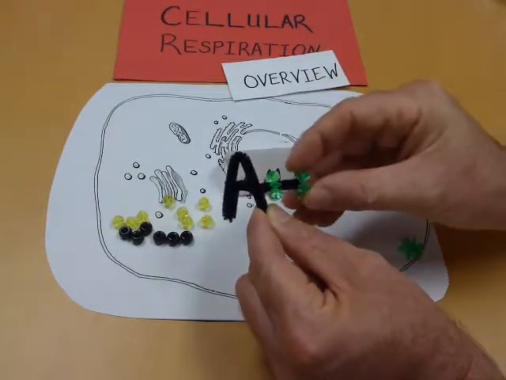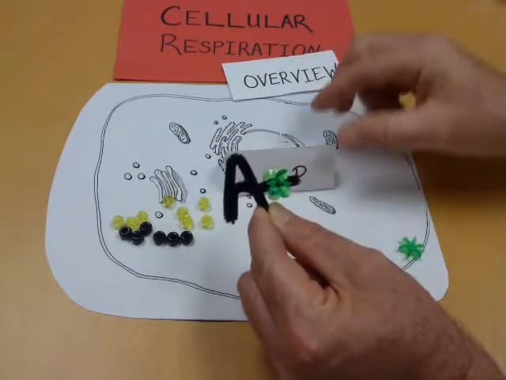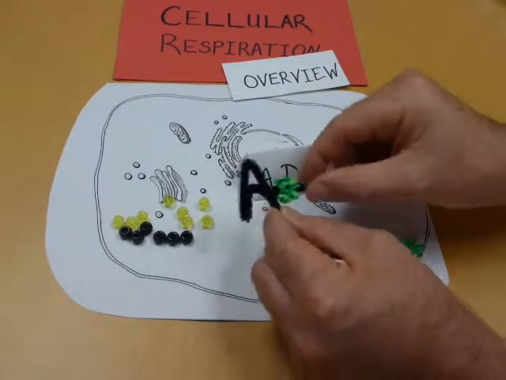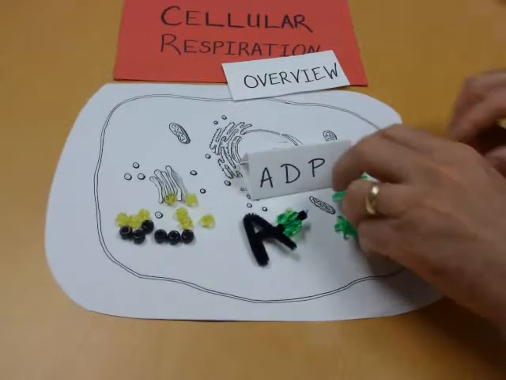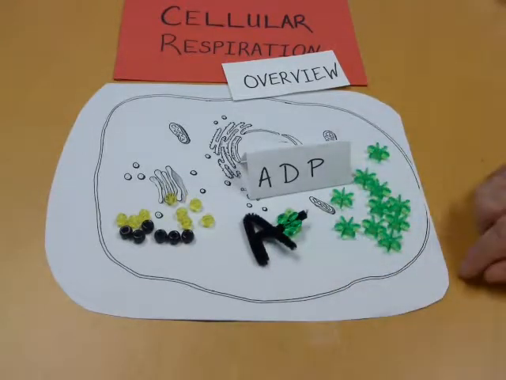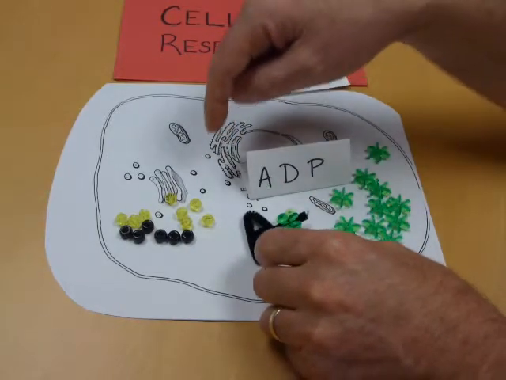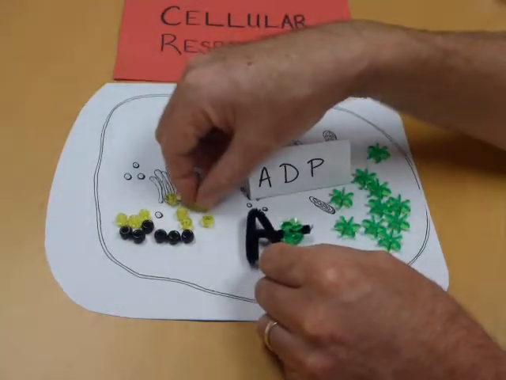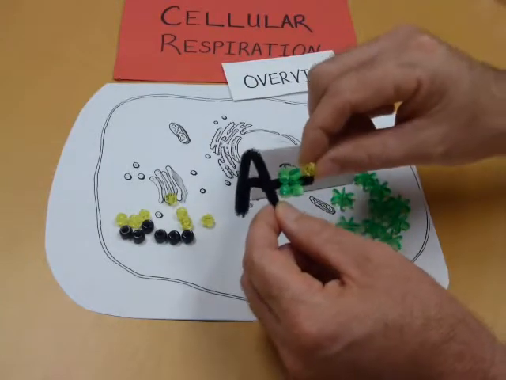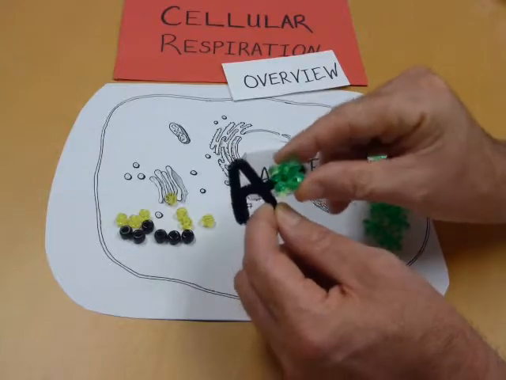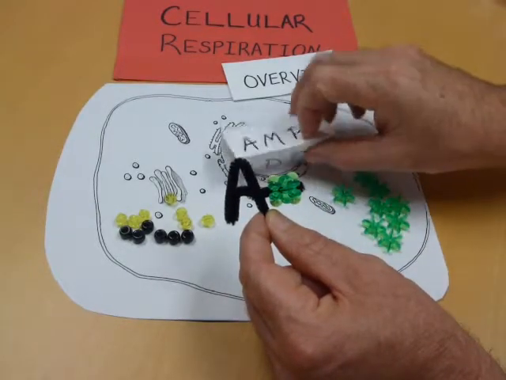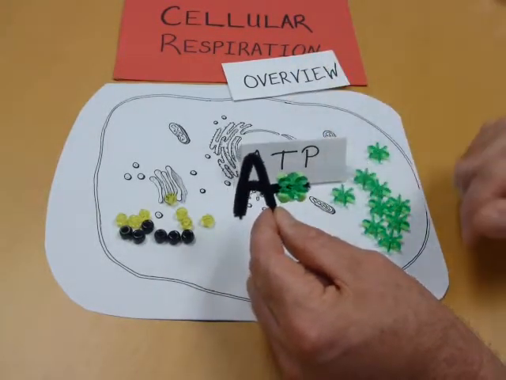Normally in your cell, you have a bunch of adenosine diphosphates floating around. You also have usually a pretty good abundance of these phosphate groups sitting there in the cell. And the job of cellular respiration is to control the chemical reactions, to bring the energy from this electron to ADP and allow it to add a phosphate and become ATP.